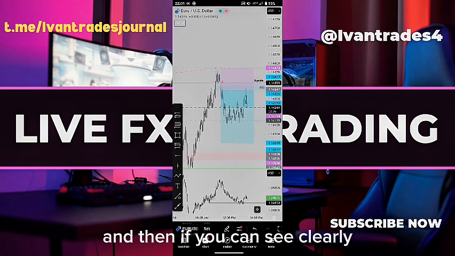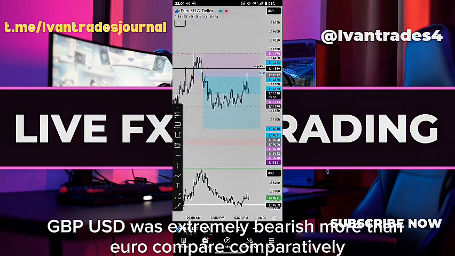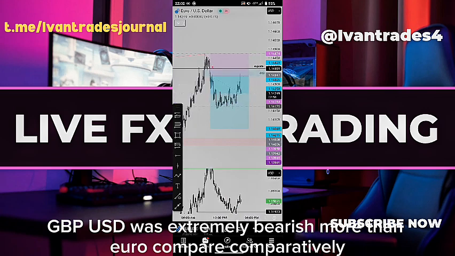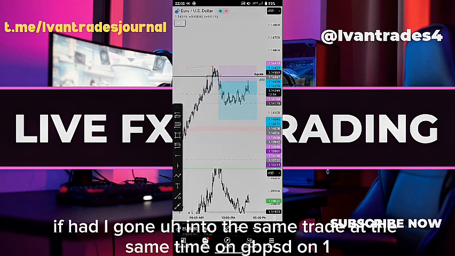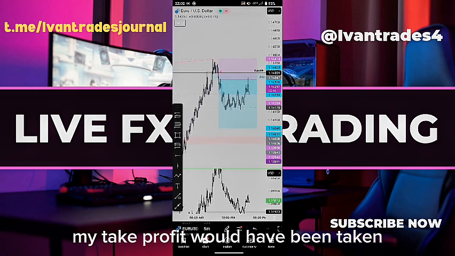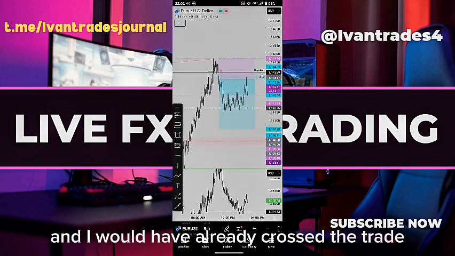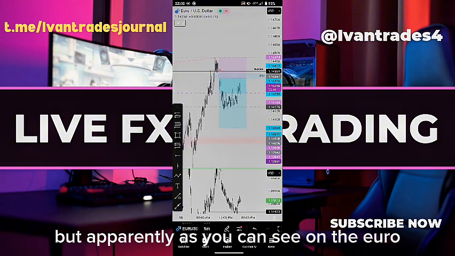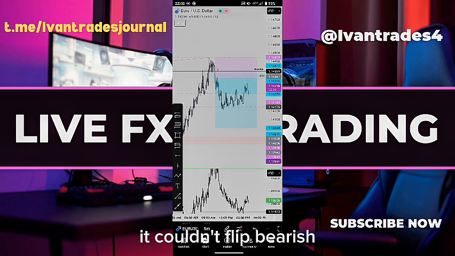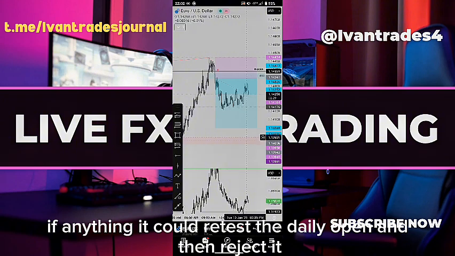If you look clearly, GBPUSD was extremely bearish, more than Euro comparatively. Had I gone into the same trade at the same time on GBPUSD on a 1:2 risk to reward ratio, my take profit would have been hit and I would have already closed the trade. But as you can see on the Euro, as the daily candle had already flipped bullish, it couldn't flip bearish. If anything, it could retest the daily open and then reject it.